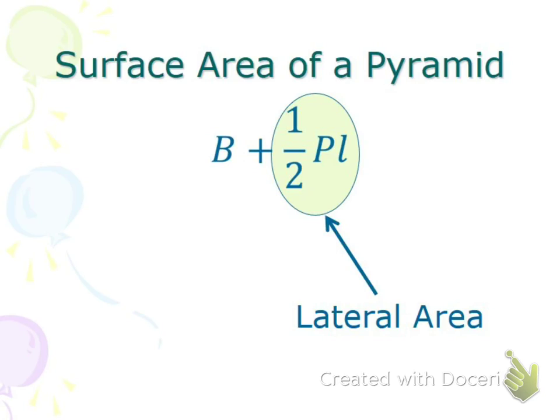The surface area of a pyramid is capital B, which still stands for what? Area of a base. So if you still need to write that as a reminder, you can. Why do you think it's just big B and not 2 times big B?